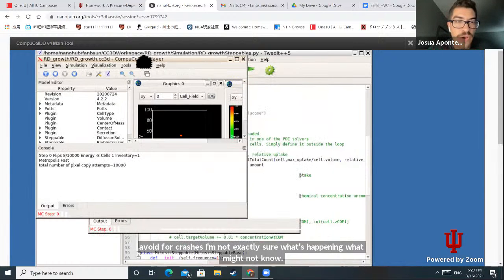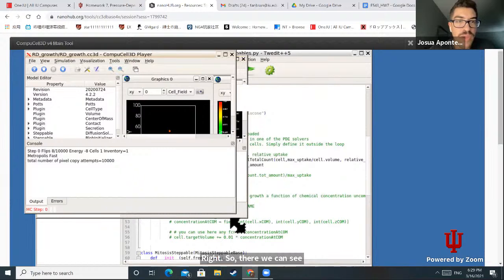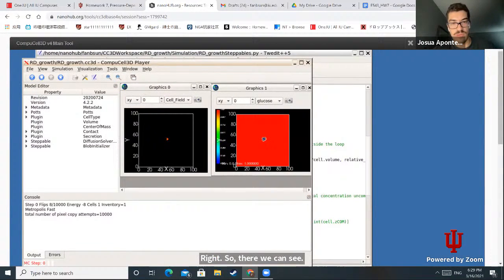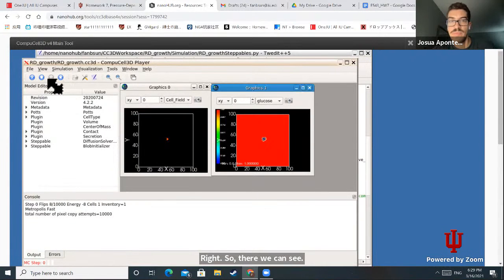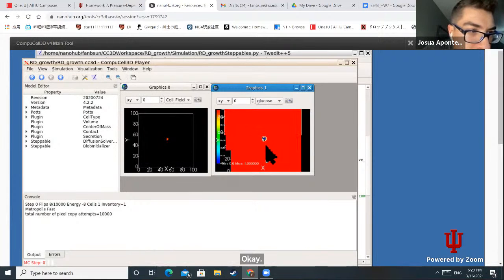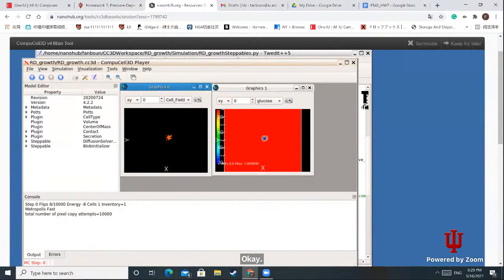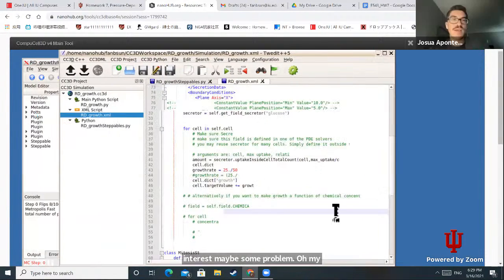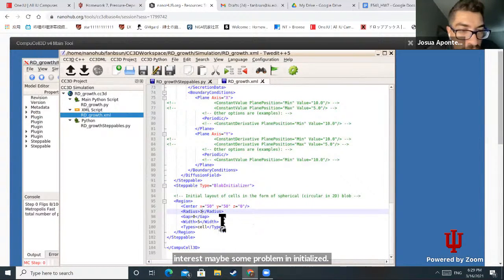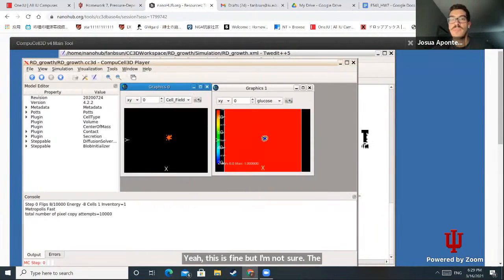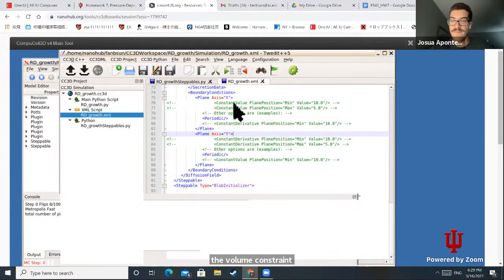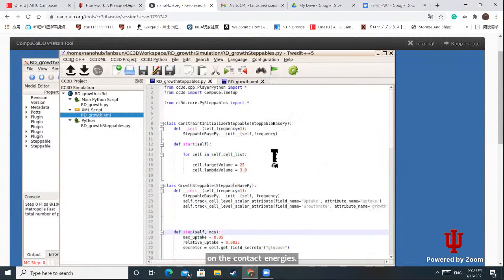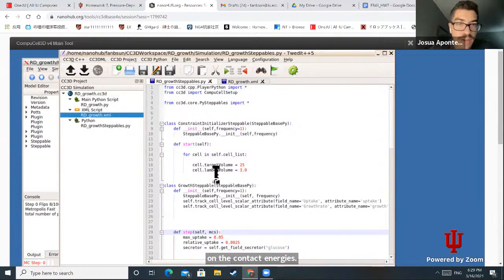Right. So there we can see, I think this may be some problem about my initializer. I'm not sure. Do you initialize the volume constraint and the contact energies? In the XML file.